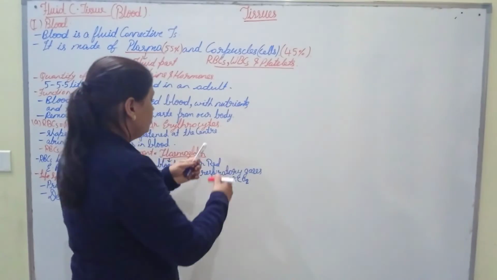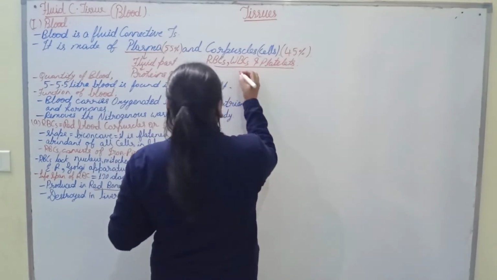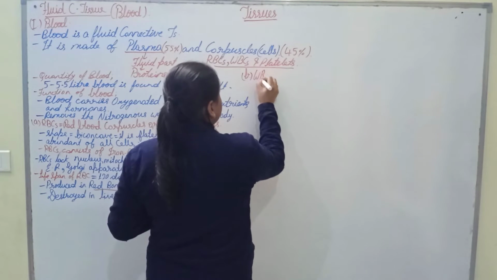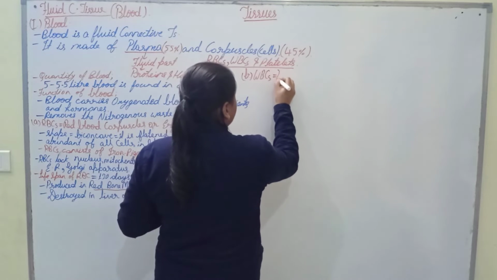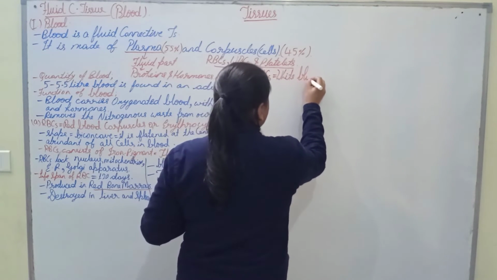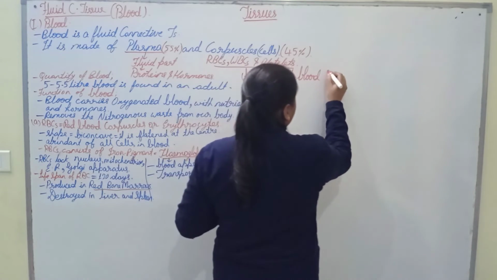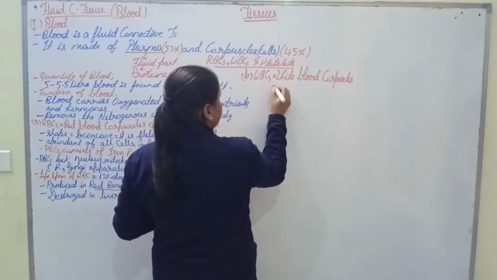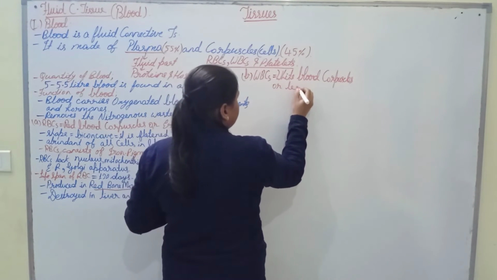Now moving on to the white blood corpuscles. WBCs, that is white blood corpuscles or leukocytes.